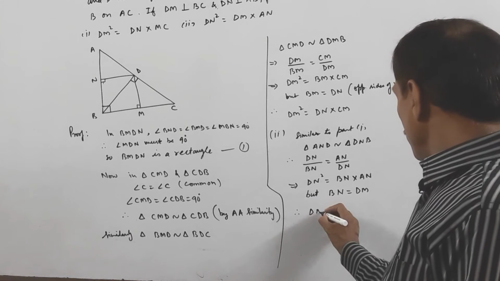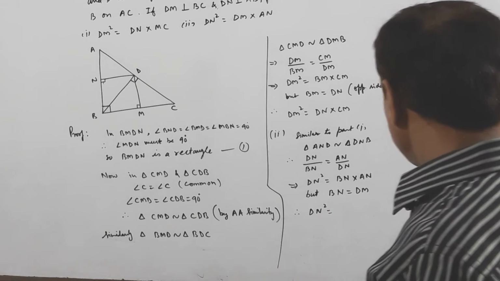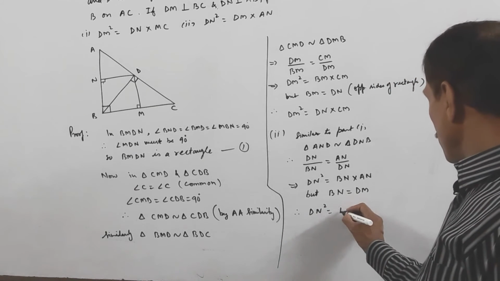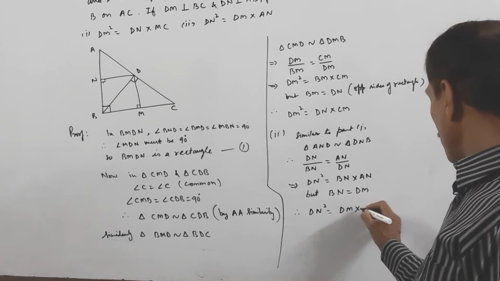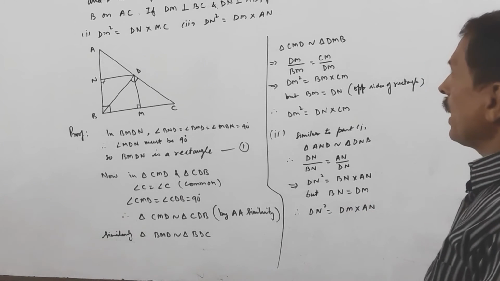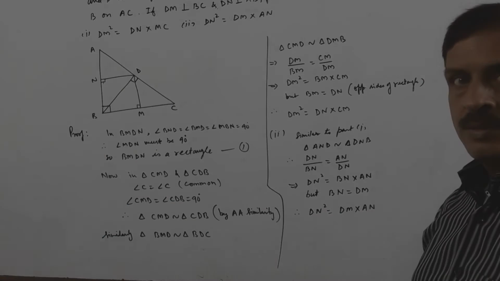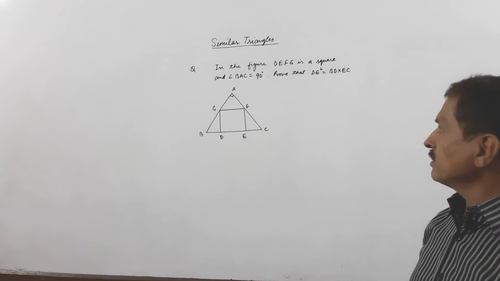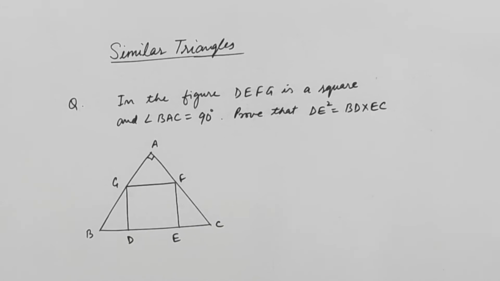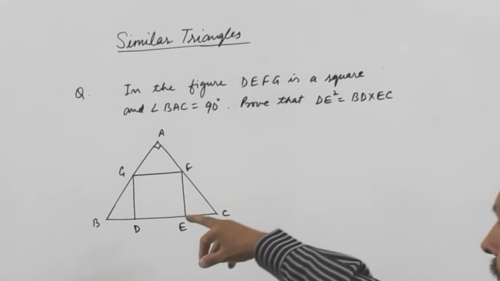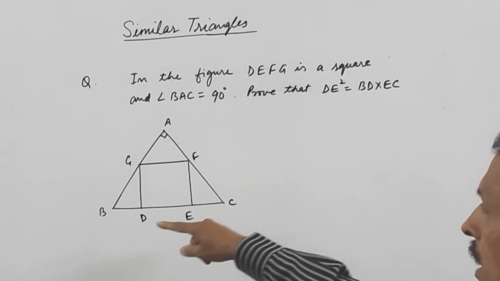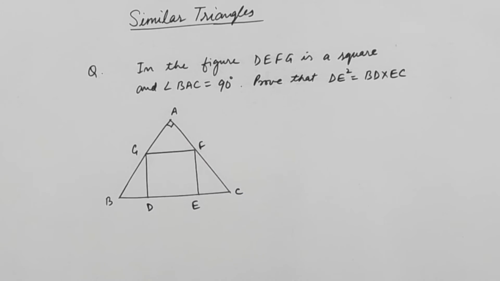Therefore DN square is equal to DM cross AN, hence proved.